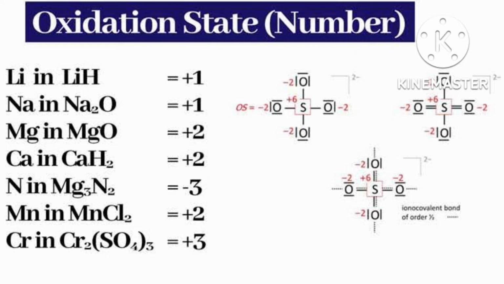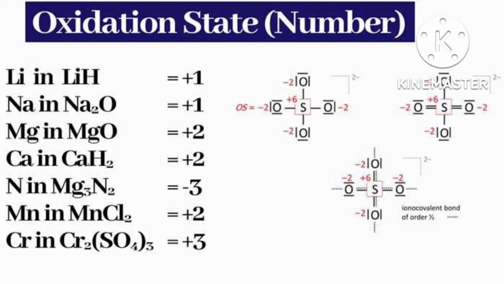Metals will show plus because they have a tendency to lose electrons, and non-metals will show minus because they want electrons. That's why, if you want to tell the oxidation state, from 8 you just subtract the valence electrons, particularly for non-metals.